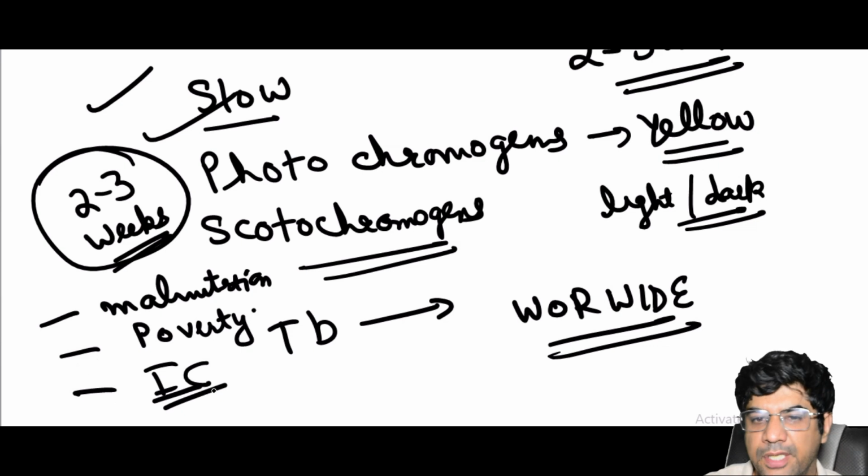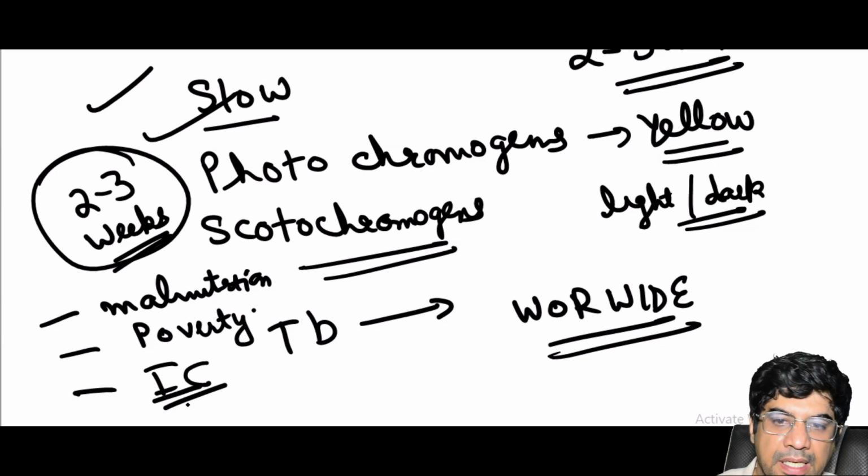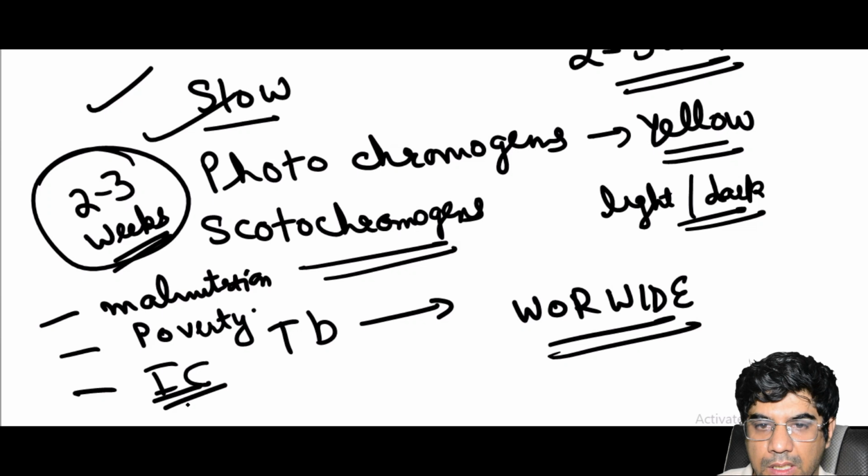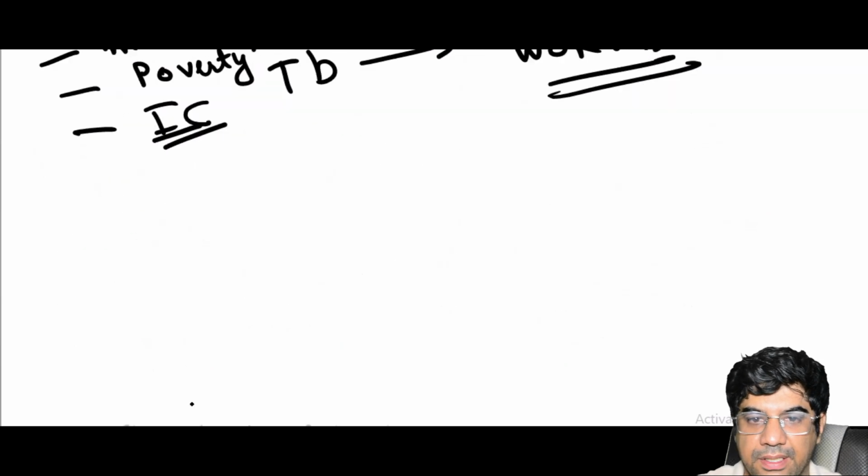So why is tuberculosis still common in the developing countries? It is due to factors like malnutrition, poor medical care, poverty, and immunocompromised condition. The HIV infected individuals have a higher incidence of tuberculosis. They can even develop extrapulmonary tuberculosis that is more common in these patients.